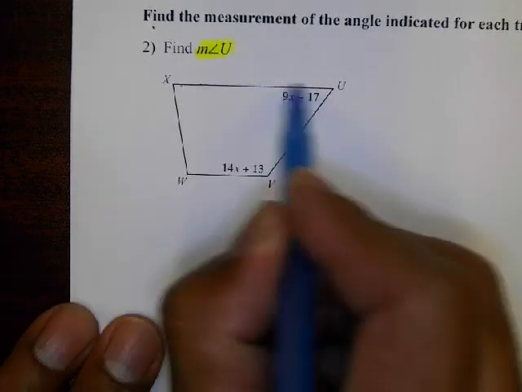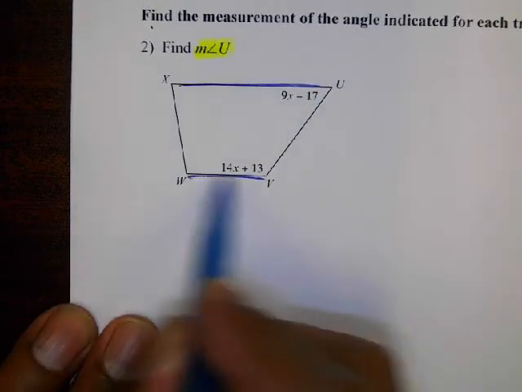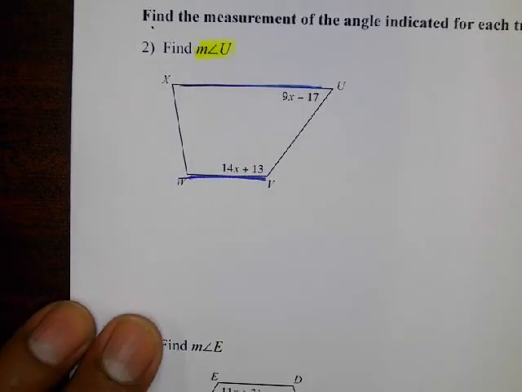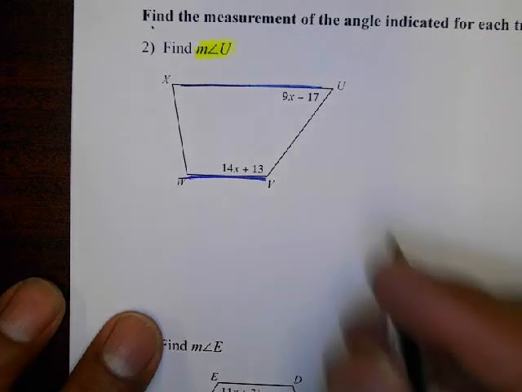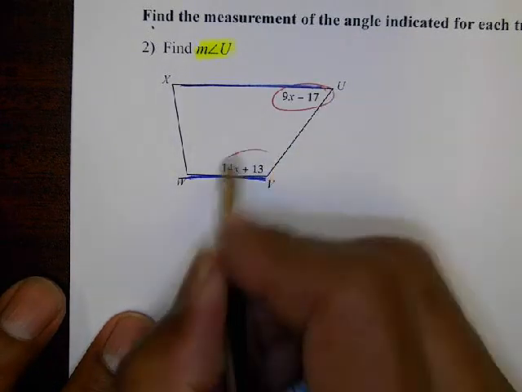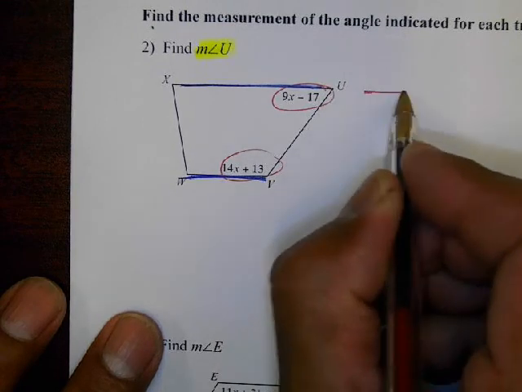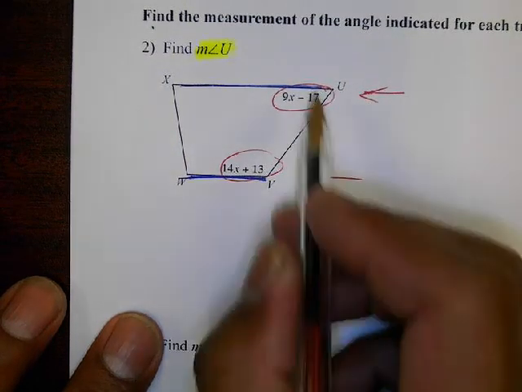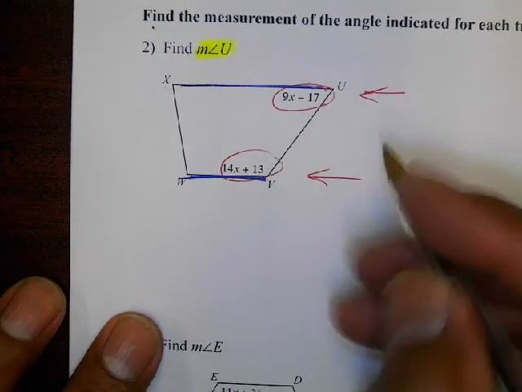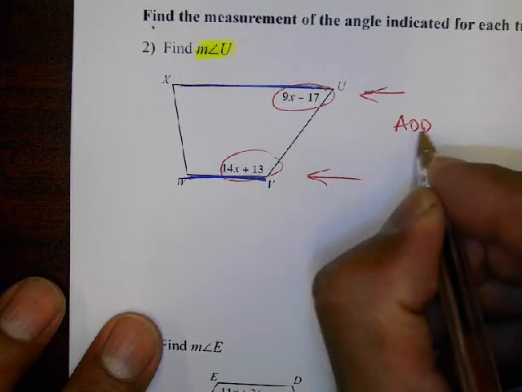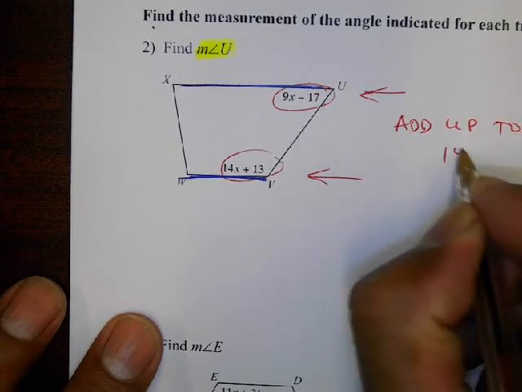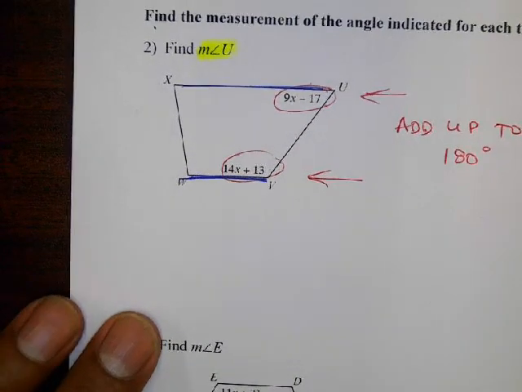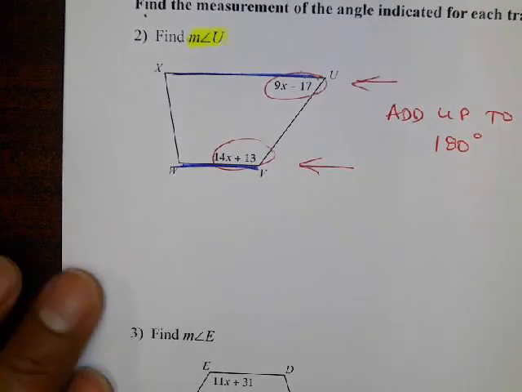Okay, so let's come back over here. What is true about these here? Which ones are the parallel lines? This one. So the way these parallel lines run, top to bottom, these two expressions add up to 180.